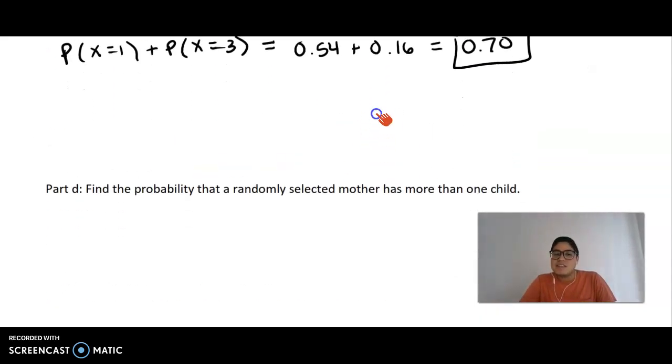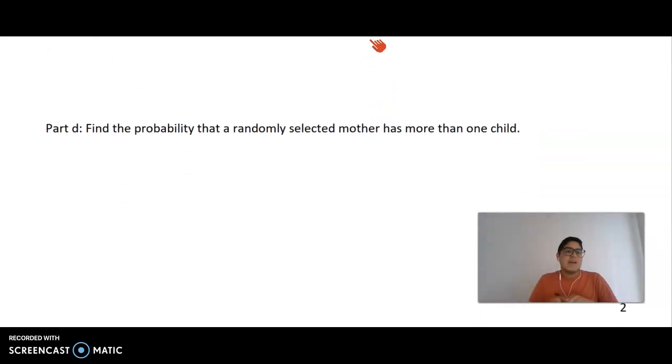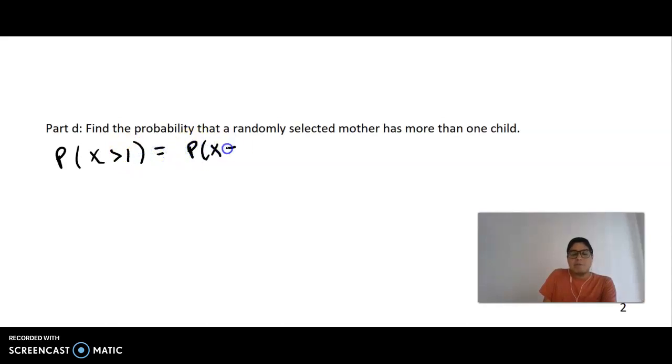Now part D: find the probability that a randomly selected mother has more than 1 child. I want the probability that the number of children is more than 1. From this model, that would be the probability that X is 2, plus the probability that it is 3, plus the probability that it is 4 or more.